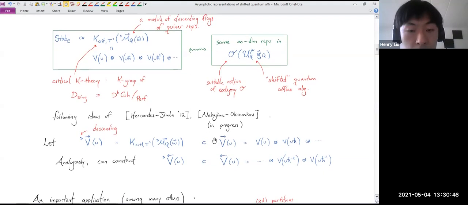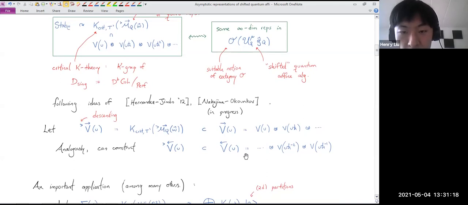And in a completely analogous fashion, it turns out there's no real reason you have to make your flags descending. You can also make them ascending. The alternate way to phrase that is, instead of thinking about the semi-infinite product where you go by powers of h bar to the right in some sense, you can go by powers of h bar inverse to the left and still think about descending flags.